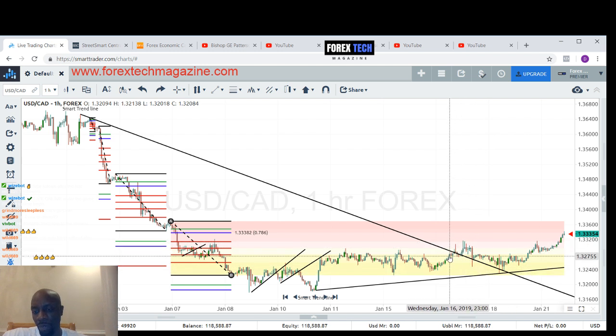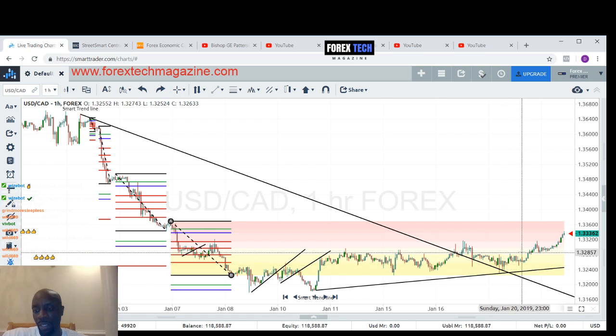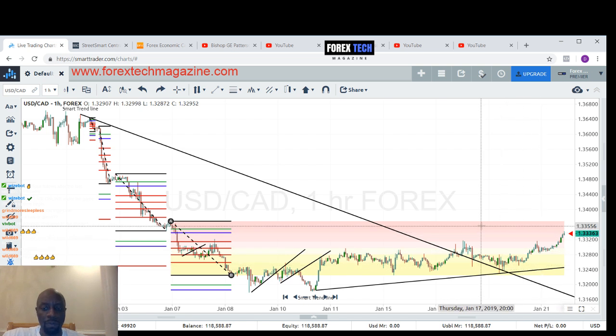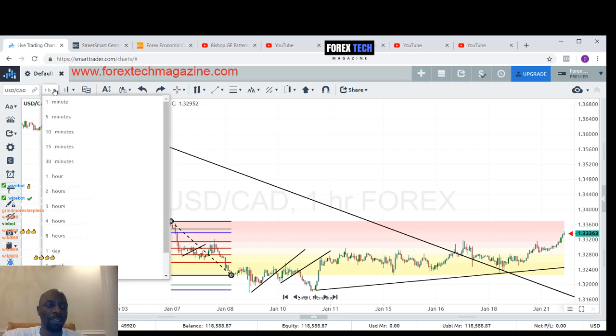Price went through it, bounced back off of it, retested it, bounced off of it, retested it, bounced back off of it again, and now price is making its way back up. So price is slowly approaching the A on this particular pair, which once again will tell me what? That the downward momentum in this particular pair may be officially off of the books, at least in this time frame, right?